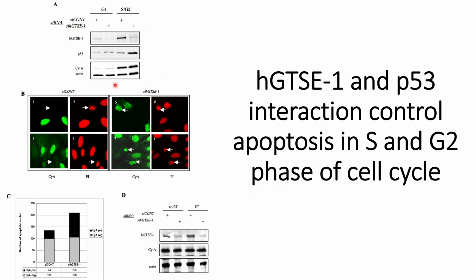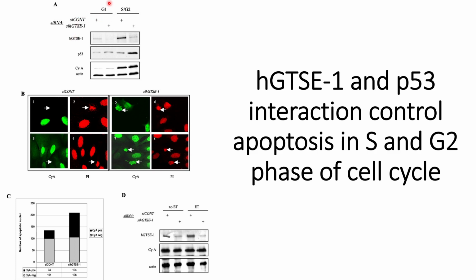So first, they separated the cells through flow cytometry into different cell cycles, that is, cells that are rich in G1 phase and cells that are rich in S and G2 phase. Then they knocked down hGTSE and looked at its impact on p53, so that they could be positive about their hypothesis before moving further.